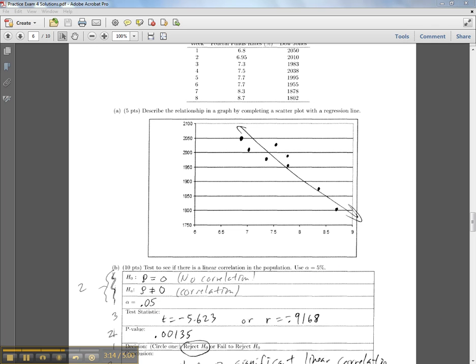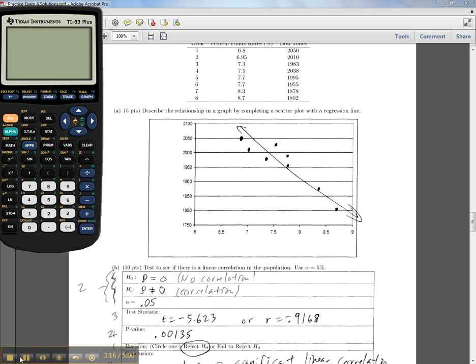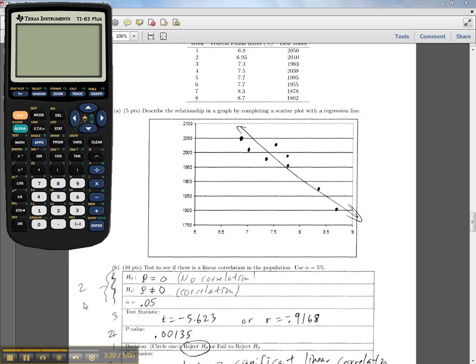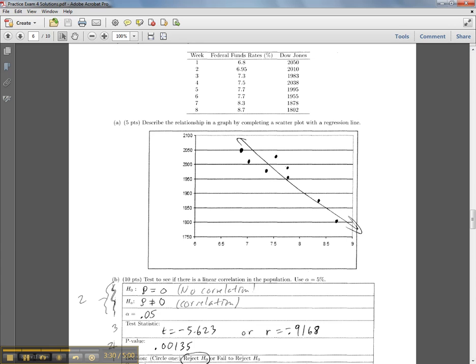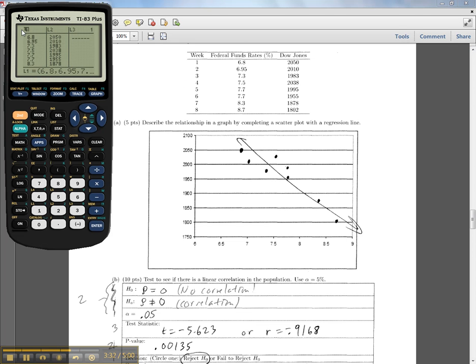Okay, so the easiest way to solve for this is, again, plugging it in your calculator and running a linear regression t-test. For the sake of time, I decided to plug in all the information. So list 1 is the federal fund rates, right here, 6.8, 6.95, and so on. List 2 is the Dow Jones at that corresponding fund rate.